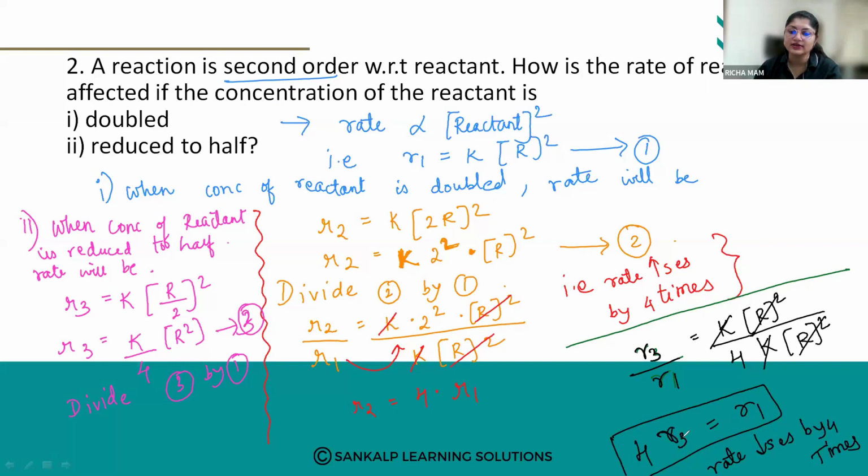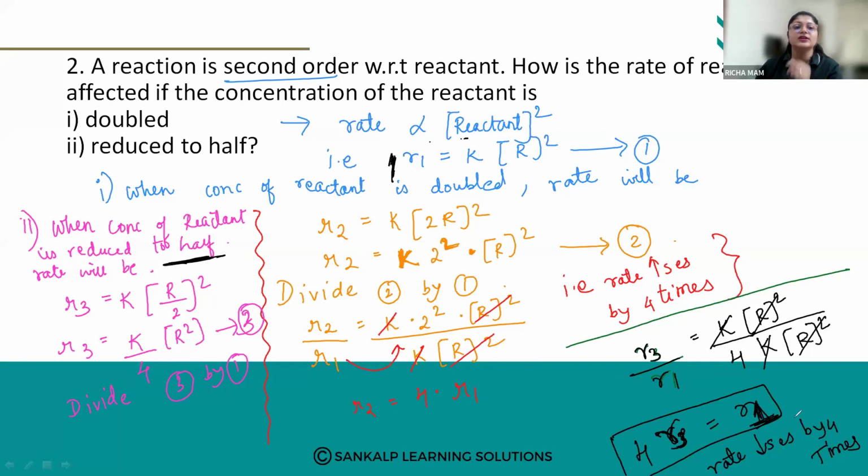Because R3 is, first of all, you have reduced it. So R1 is the main reaction, right? The rate is directly proportional to the concentration. So if you have reduced it to half, then the rate will decrease 4 times.